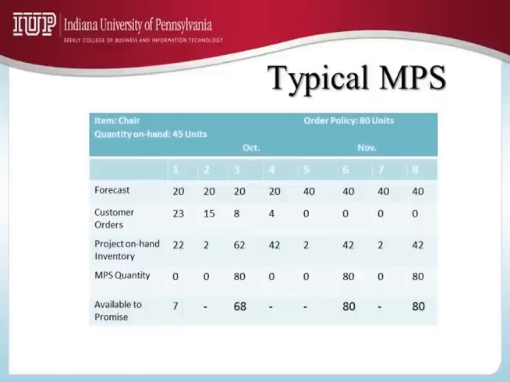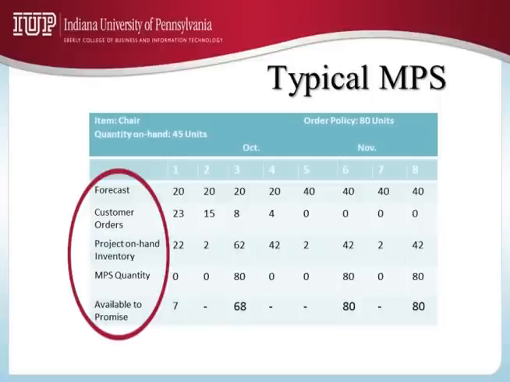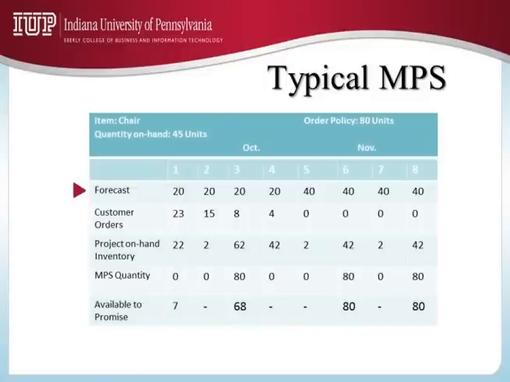The MPS is sort of a meeting place of sales, marketing, and operations and inventory. It's a very, very important tool, especially in manufacturing companies. So let's look at what are these 5 rows in the master production schedule. This first one that you see here is input.